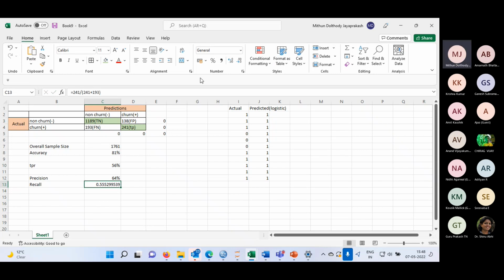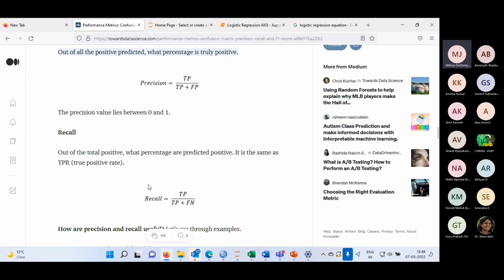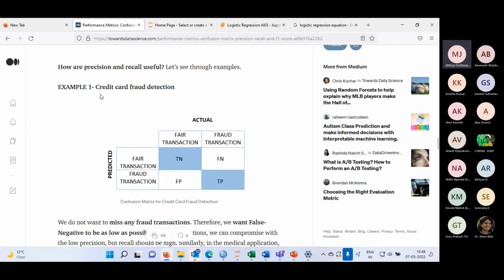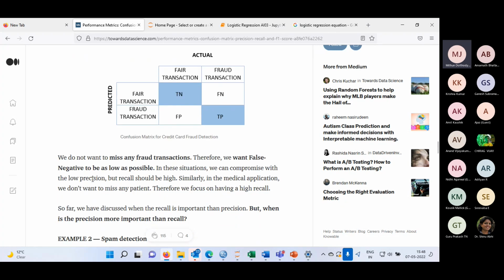This is around 55%. Are you able to understand? The overall percentage of accuracy may be on the higher side, which is 81%. But more than the overall accuracy, please look at the precision and recall. Now let's look at credit card fraud detection. He has given an example of credit card fraud detection. Please read this.